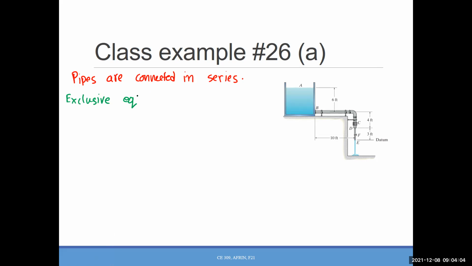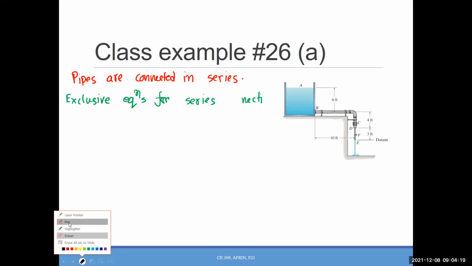Exclusive equations for series connection. The very first one is, we know for a series connection, the same flow is going through each pipe.